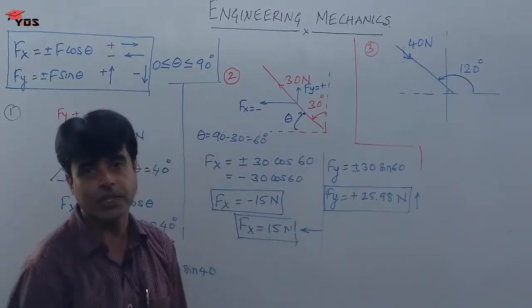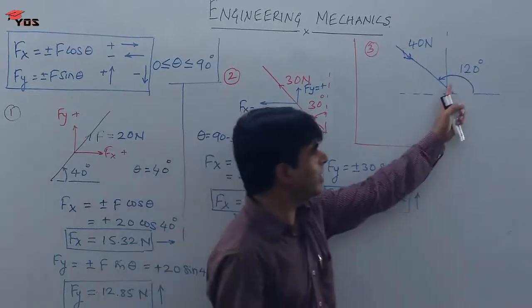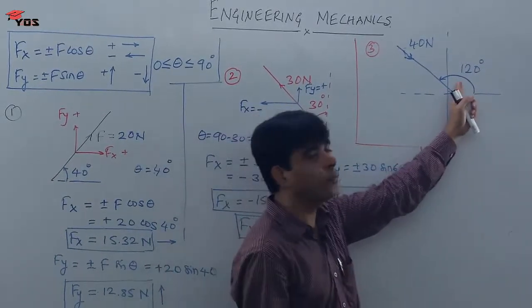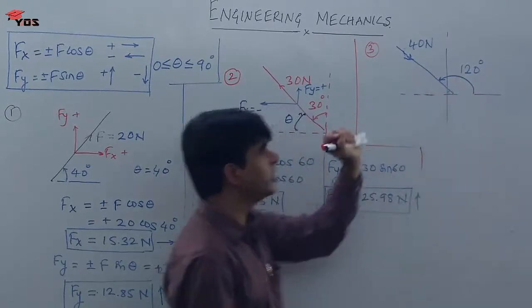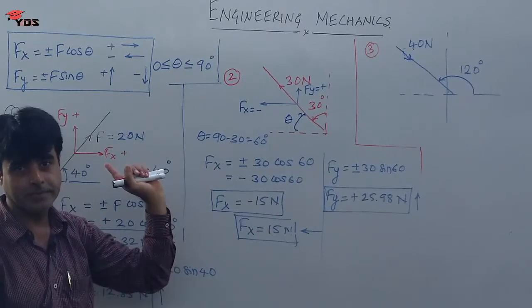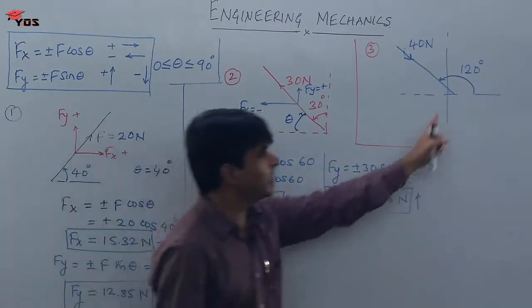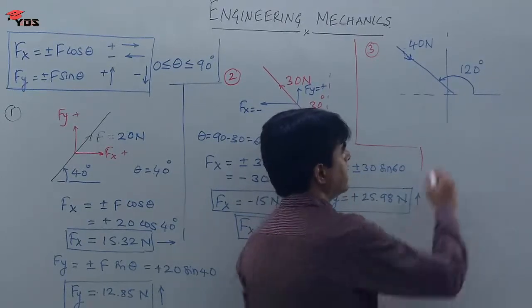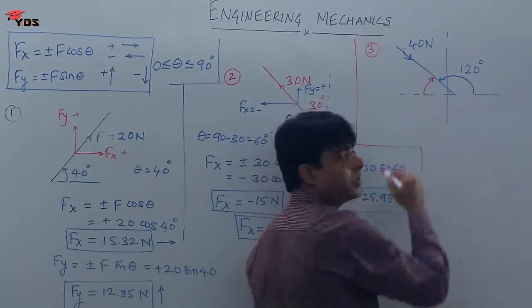So here the confusion starts now, because the angle given is with horizontal only, but you cannot take theta equal to 120 though it is with horizontal, because I told you our theta is always between 0 to 90 degree. You cannot take theta as 120. You have to find the inclination with horizontal, which is between 0 to 90.